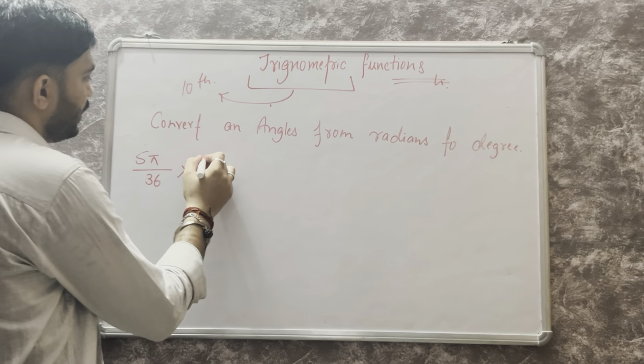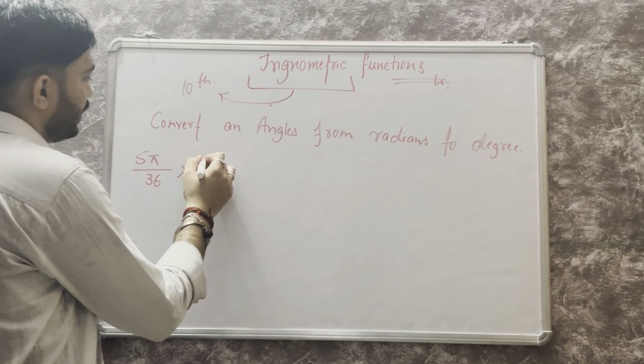Multiply it by 180 degrees divided by pi, and pi will be gone. 36 twos are 18 twos, and 18 tens are 180. 5 into 10 is 50 degrees divided by 2. The answer we will get is 25 degrees.